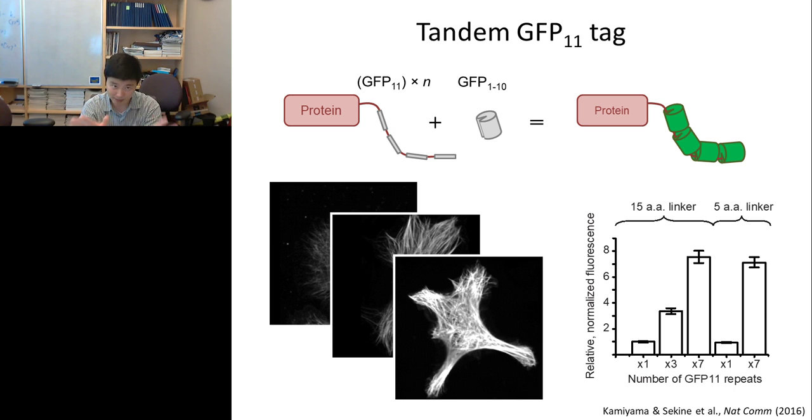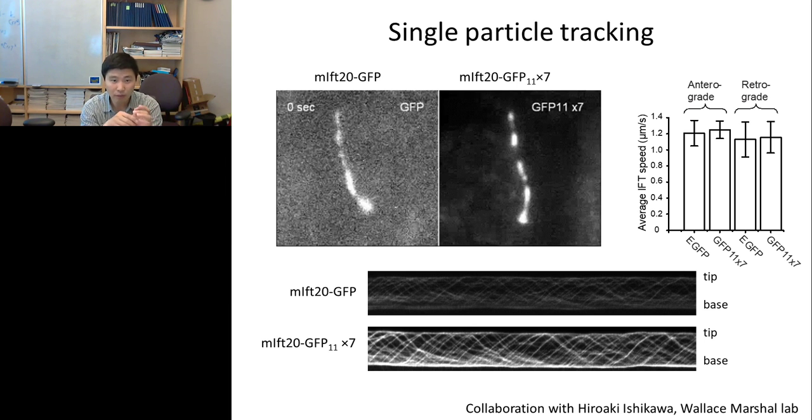That's nice. And here is our collaboration with the Wallace Marshall Lab, trying to do single particle tracking using either fluorescent GFP or 7x GFP11 in the IFT20 protein in the flagella and in the primary cilium. And you can see how much brighter it is when we have 7 copies of GFP11.